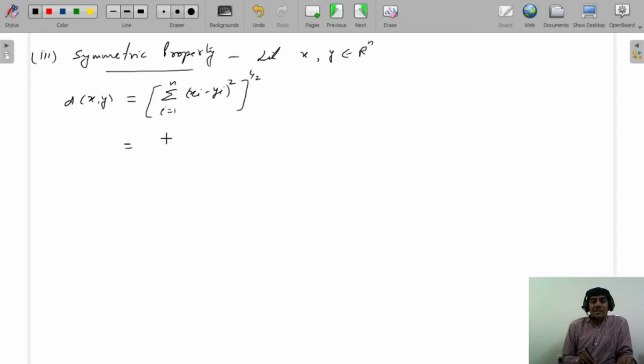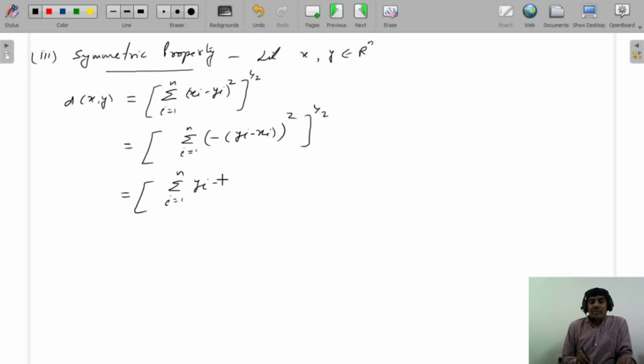We can write it as the summation of (minus (yi minus xi)) squared, raised to power 1 by 2, which is equal to the summation of (yi minus xi) squared, raised to power 1 by 2, because the square of minus 1 is plus 1, which is equal to dyx.